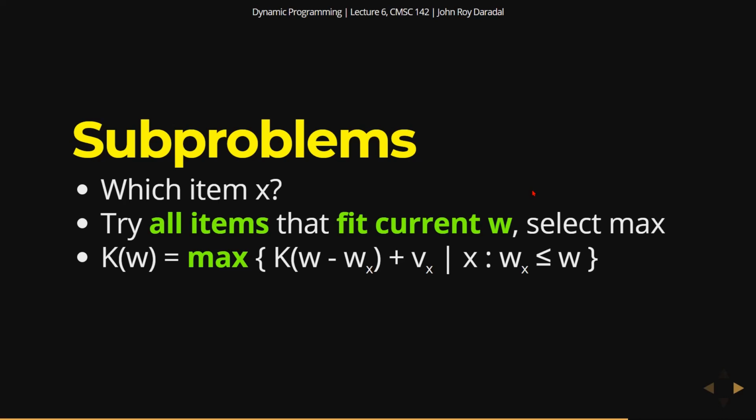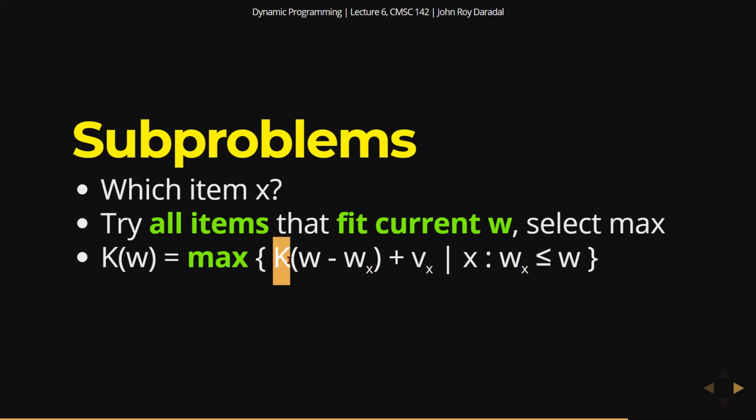recurrence relation for the sub-problem. So K(W) is equal to the maximum of K(W minus Wx) plus the value of x. This is what we showed earlier: the optimal value without the item, and then if the item is there, you add the value of x.